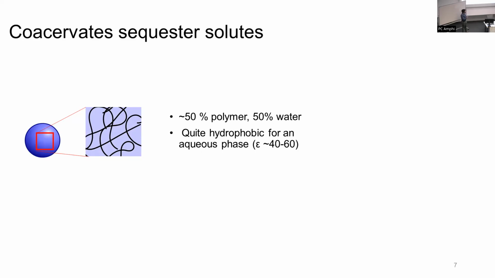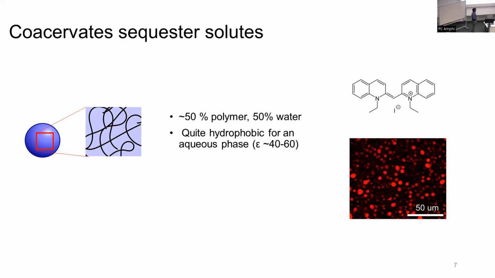And if you look at their dielectric constant, it's closer to something like DMF or DMSO than pure water. Because of that, if you take a hydrophobic molecule and put it in this aqueous solution, it will be much more soluble inside of the coacervate than outside, and it compartmentalizes inside of the coacervates almost exclusively. And this is very cool because this is spontaneous. This is driven by solubility.